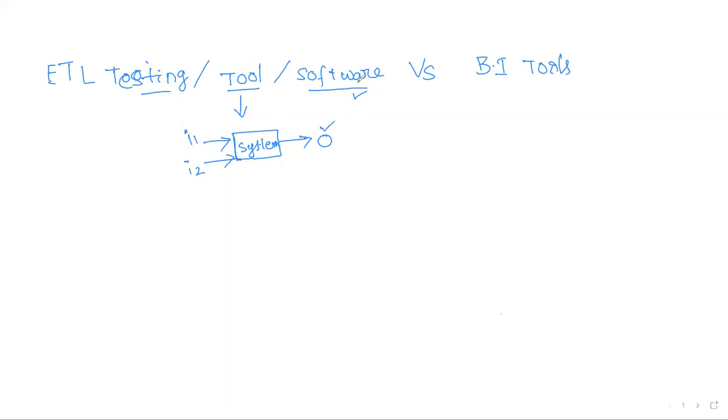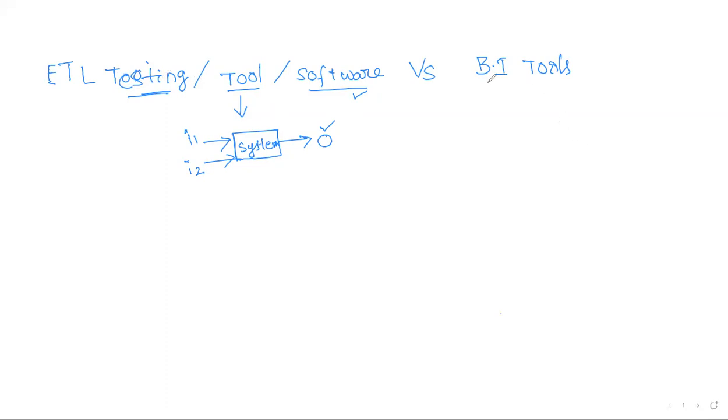But software means you need to design and write code, and in that also some operation will occur and some outcomes will be there. Testing is simply testing data. So ETL can be called testing, tool, or software, because all these things are comprised in it.